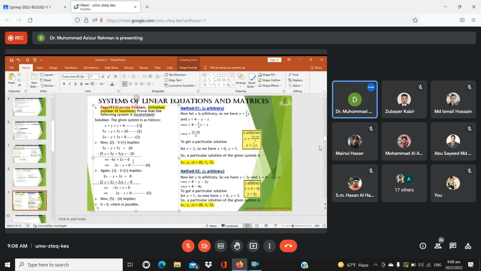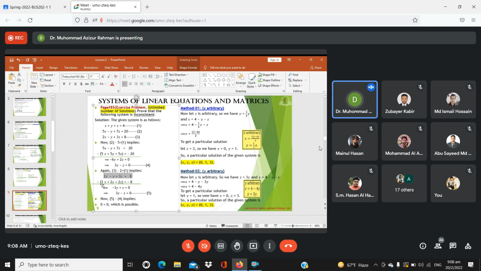We need to multiply by 2. We keep equation 3 as it is, and equation 1 we multiply by 2: 2x plus 2y plus 2z equals 8. Since we are subtracting, we put a minus here.